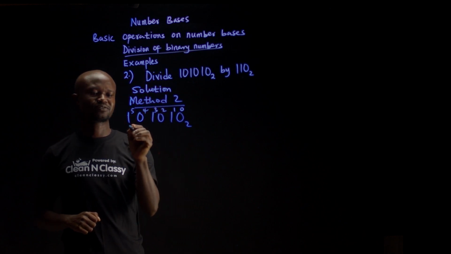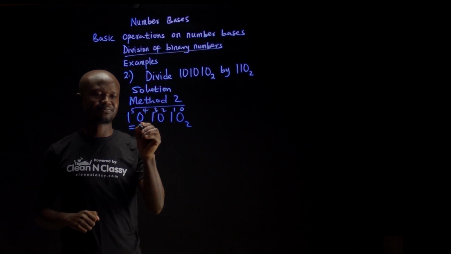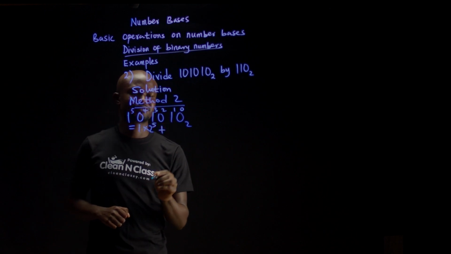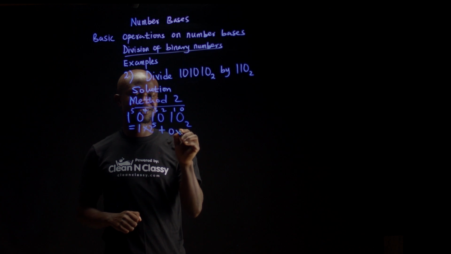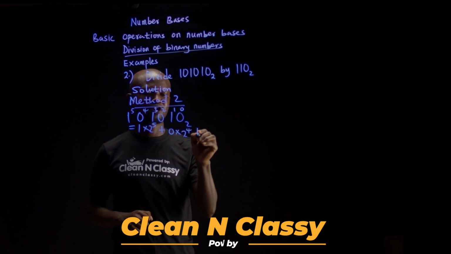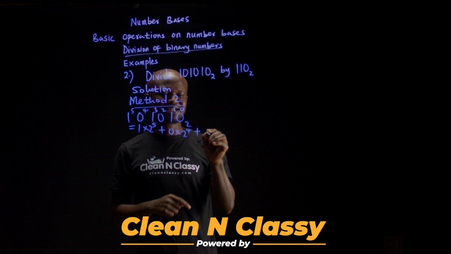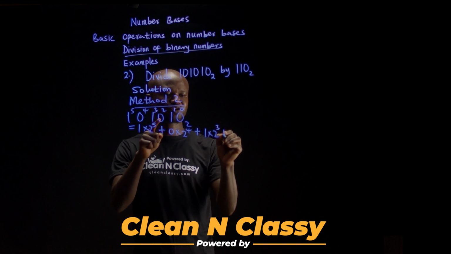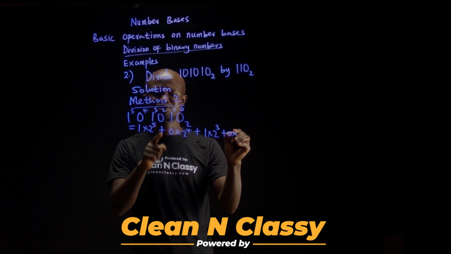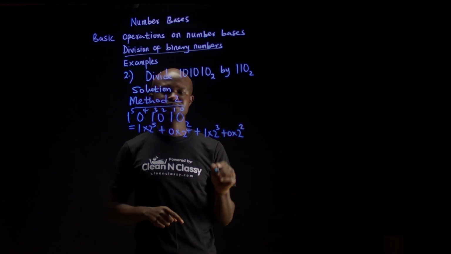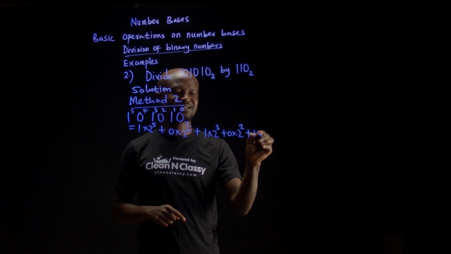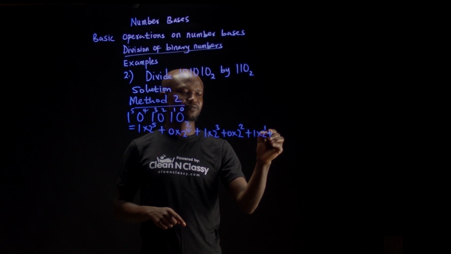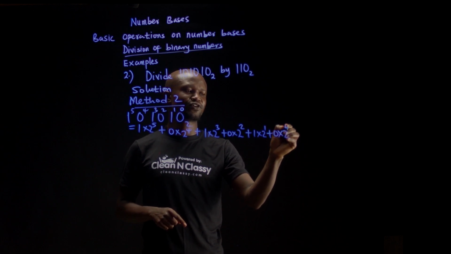We now have this to be what? 1 times 2 raised to the power of 5, plus 0 times 2 raised to the power of 4, plus 1 times 2 raised to the power of 3, plus 0 times 2 raised to the power of 2, plus 1 times 2 raised to the power of 1, plus 0 times 2 raised to the power of 0.